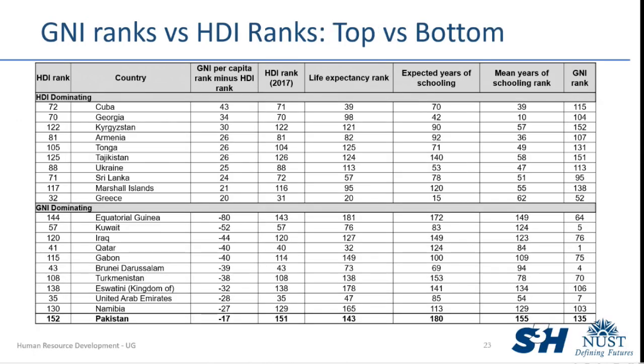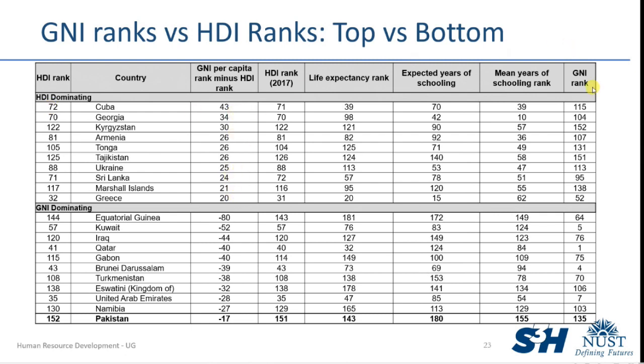Okay, so this compares the top performers. The same thing, the difference between GNI ranks per capita and HDI ranks. These countries right here are the countries with high human development, so these numbers are high.